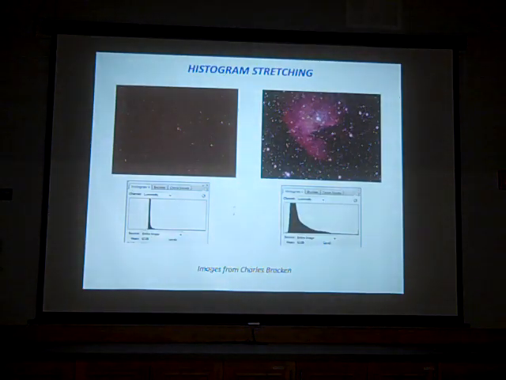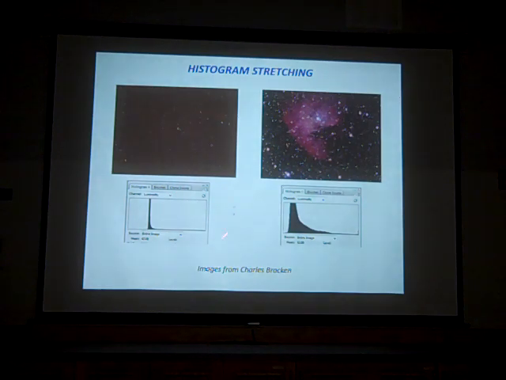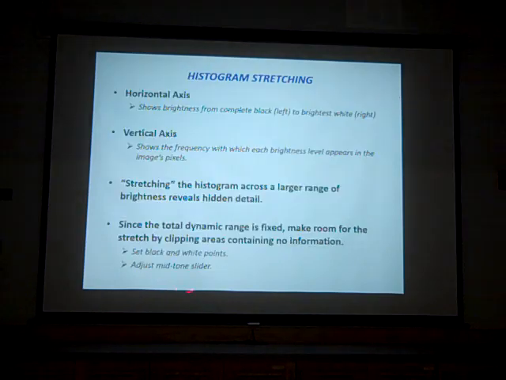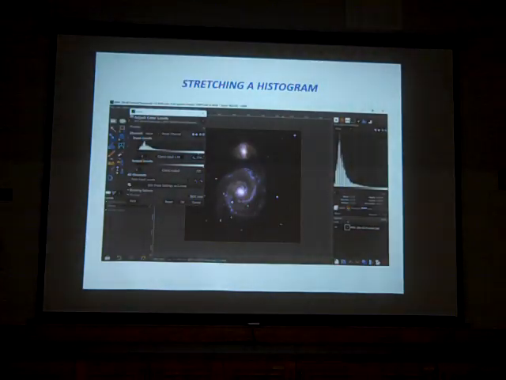And so, how do we do stretching? Well, this is an image histogram. It's the image histogram of this image. This is not mine. I borrowed this from Charles Bracken. I thought he laid it out nicely, and he graciously said I could use it. I got to stop playing with that.